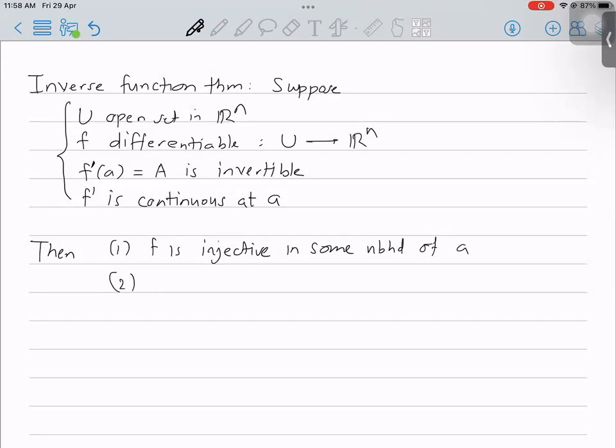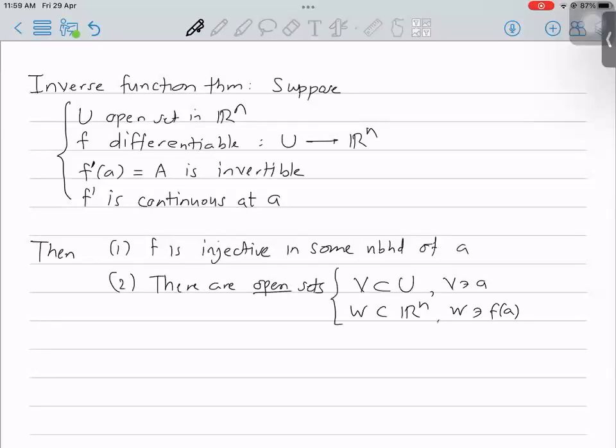Now, the second one says the following. There are open sets, and open is the keyword over here, V, which is in U and of course containing a, and W, which is in the target R^n, W containing f of a, such that, remember, by claim 1, f is supposed to be an injective function.